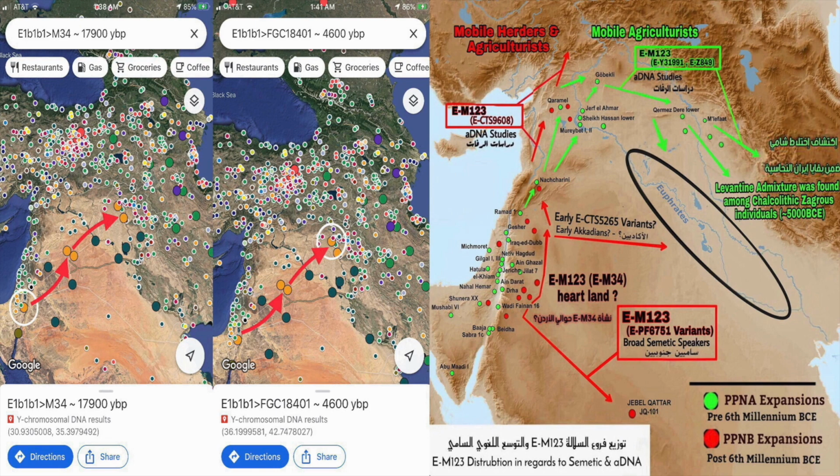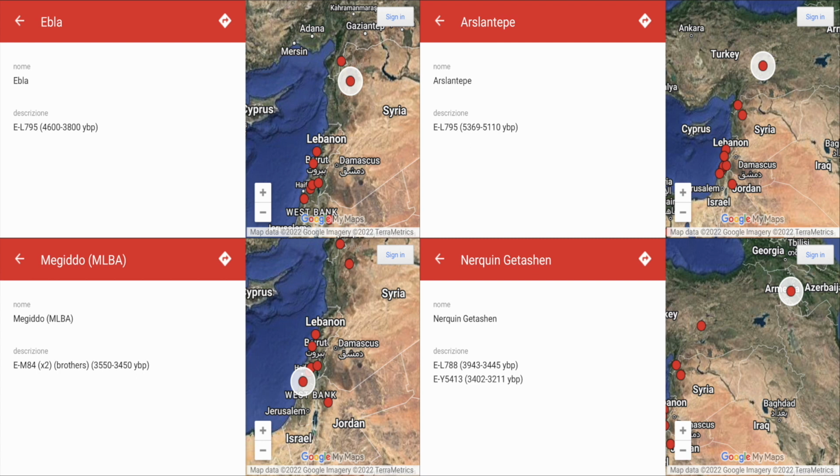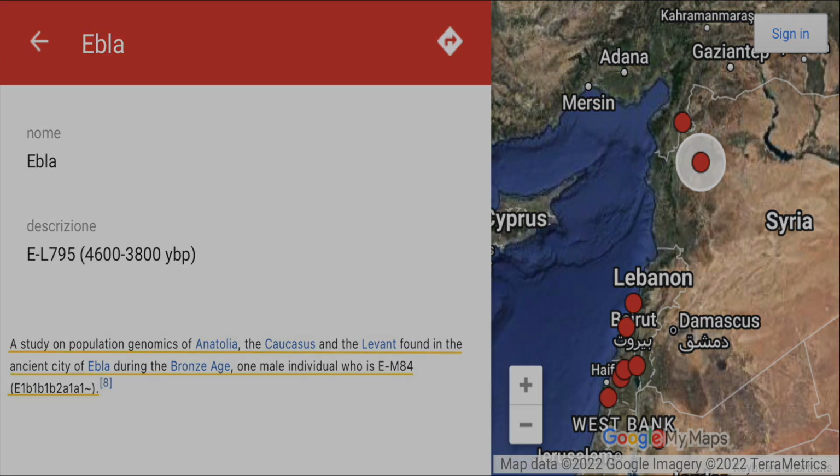E-M84 has been found in the early Bronze Age of Israel, Syria and Ebla, Turkey and Anatolia, and even Armenia. A study on population genomics of Anatolia, the Caucasus, and the Levant found in the ancient city of Ebla during the Bronze Age one male individual who is E-M84.